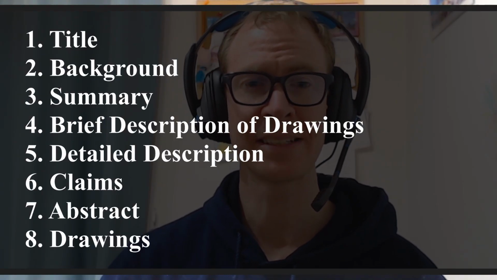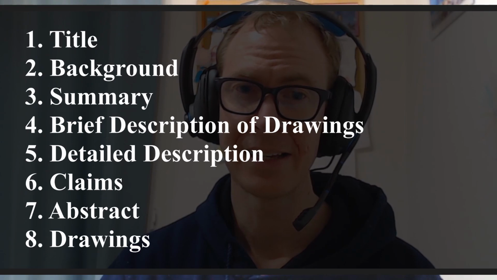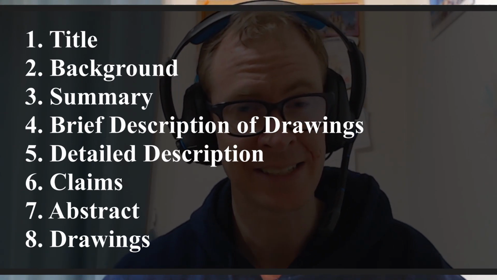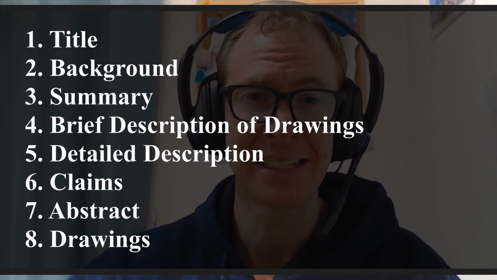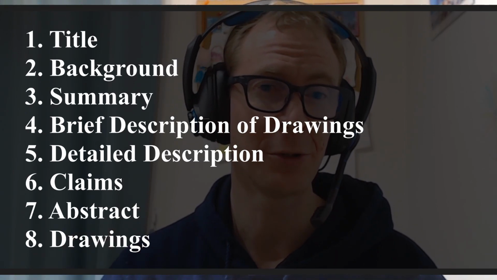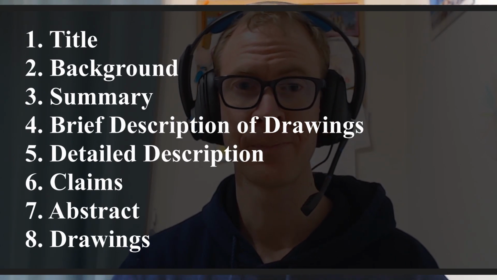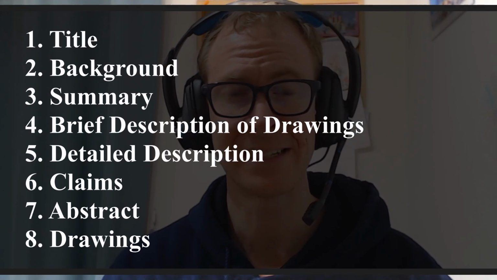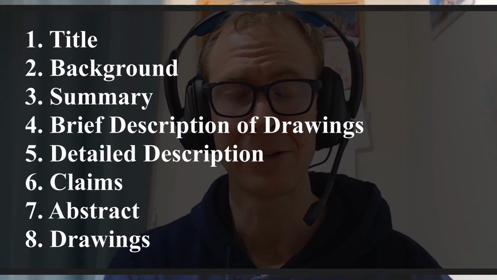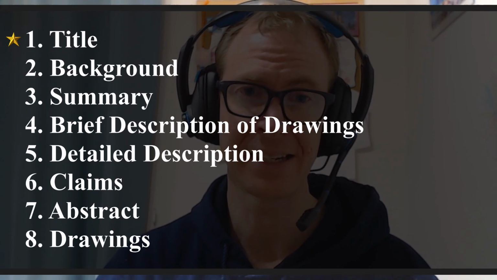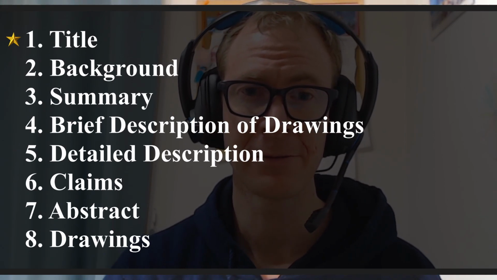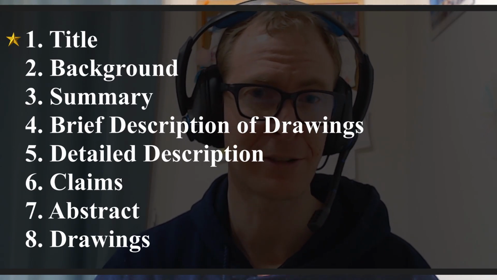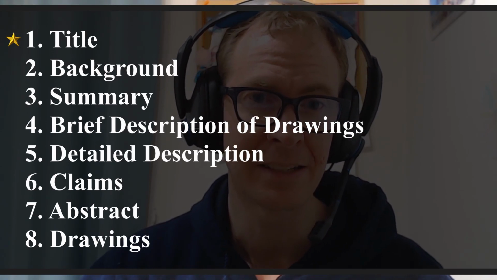So first, let's break down the sections of a patent. If you look at a patent without much knowledge, they are actually quite intimidating. So let's just go through the sections first and give you an idea of what you will be dealing with. Now, we'll just run through them quickly here, and I'll give a more detailed description later on. So number one is just the title, the name of the invention. If we use an example we used before, the tire, then the title will just be a tire or a pneumatic tire. 2, the background.